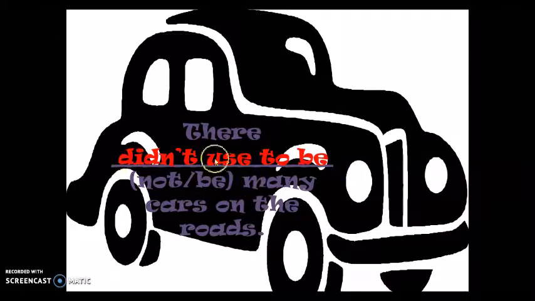The negative form is for the verb to be, right? So, the complete sentence, there didn't used to be many cars on the road. No solía haber muchos coches, carros en las carreteras, los caminos. Correct.